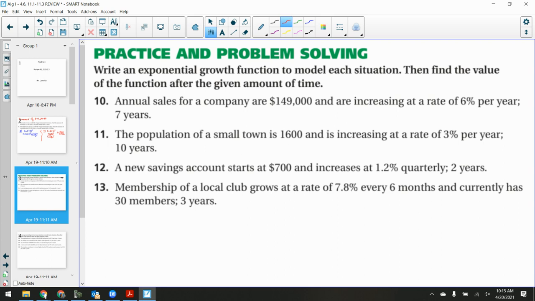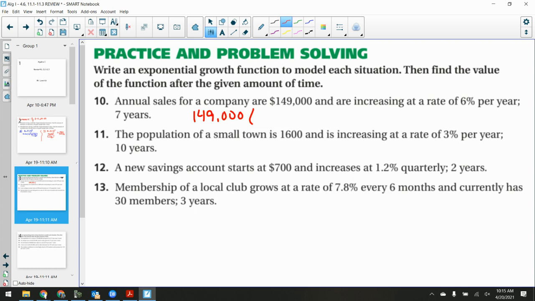Annual sales for a company are $149,000, increasing at a rate of 6% per year. Is that exponential growth or exponential decay? Growth, because it's increasing. Now, what's my R value that I'm going to be using here for exponential growth? I'm on number 10.